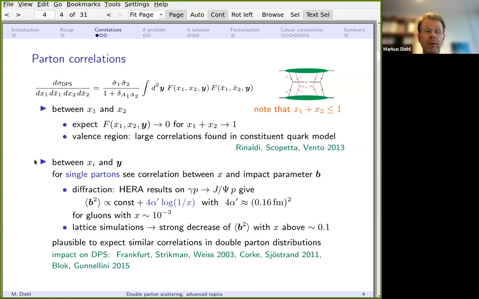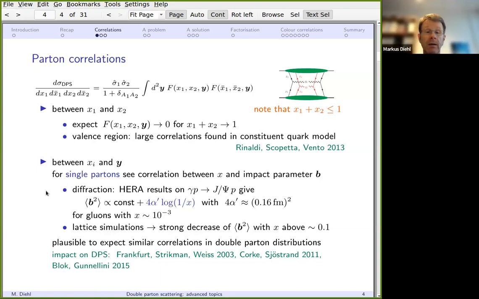Now, what we know from the impact parameter distributions of single partons is that they can be studied in processes that involve GPDs. A very nice process for that purpose is the exclusive production of J/psi mesons, which has been measured with very high precision in the transverse momentum spectrum at HERA, so at small x values.